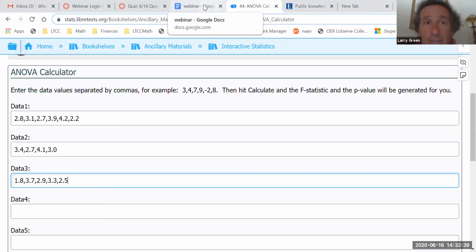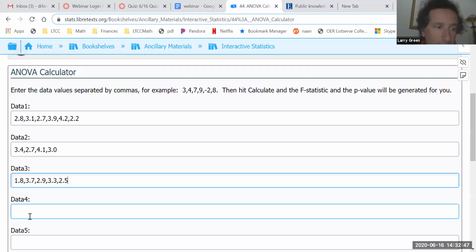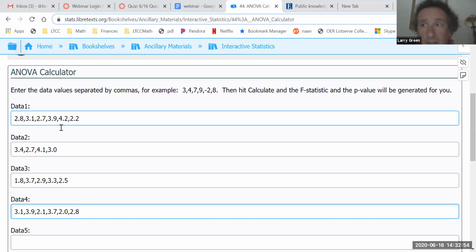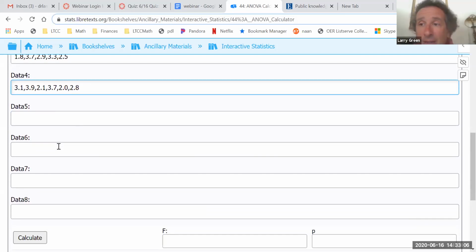And then we have fall. Any questions on getting the data in? If it's in a table, you're going to have to type it one number at a time with commas in between. So I purposely didn't make a table on this. Okay, then leave the rest of them blank.